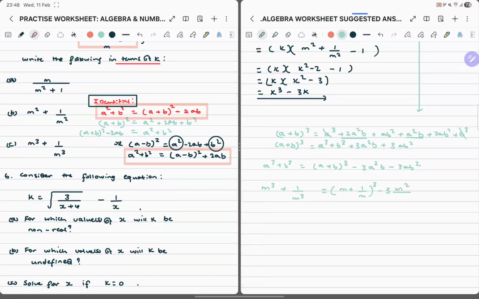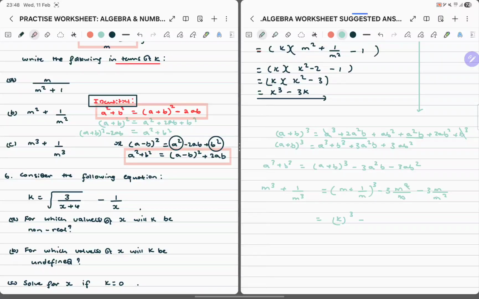B is 1 over b, so it's 1 over m, so like this, minus 3a, which is m, over m squared, like this. Let's see what happens. So this is nothing but k all cubed minus 3.